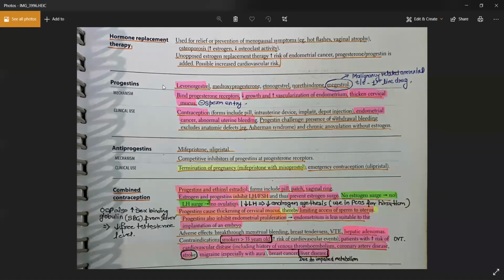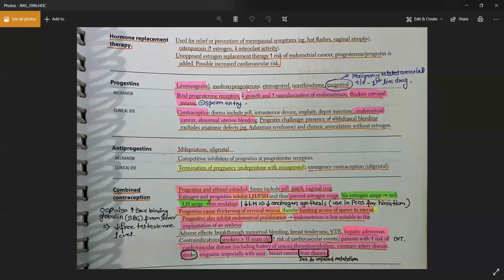The most commonly used progestins are levonorgestrel, or you can use medroxyprogesterone also, or etonogestrel could be given, norethindrone could be given, and megestrol could be given. So all of them have gestrone or gestrel in their name, right? Gestrel, gestrol, and gestrone.